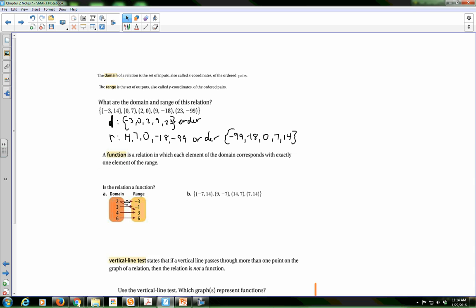If you think of it as input and output, I need predictability. I need to know when I plug in 2, there is only one value that I get out as an output. In this case, because 2 goes to negative 3 and 3, this is not a function.